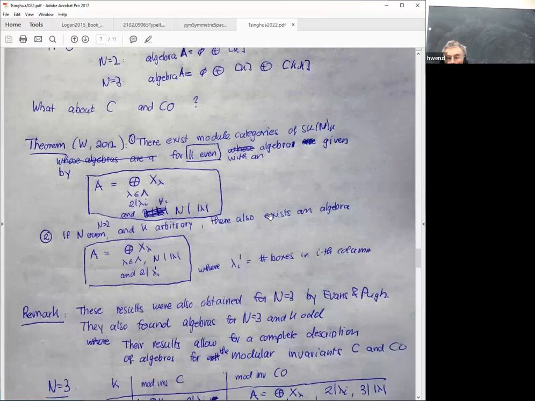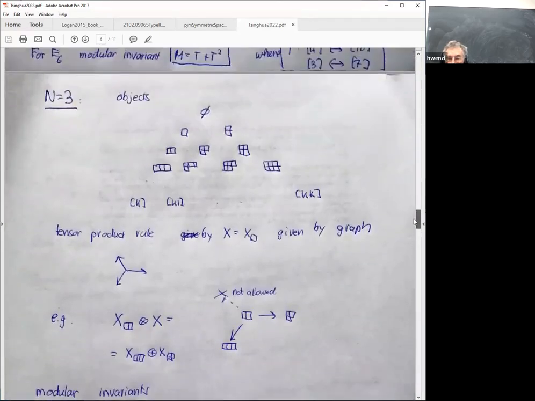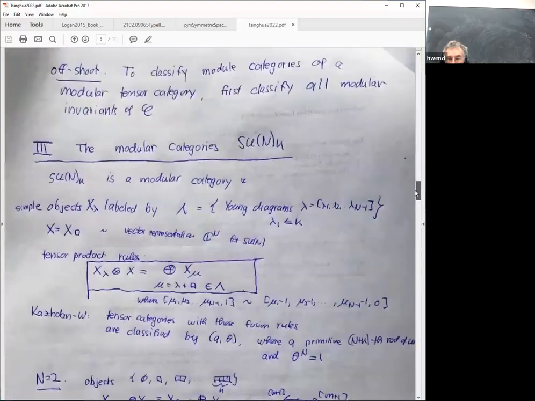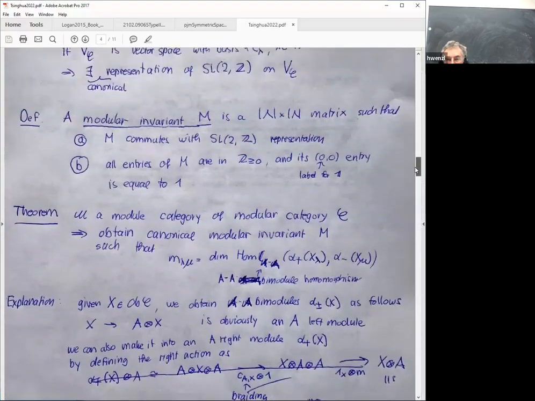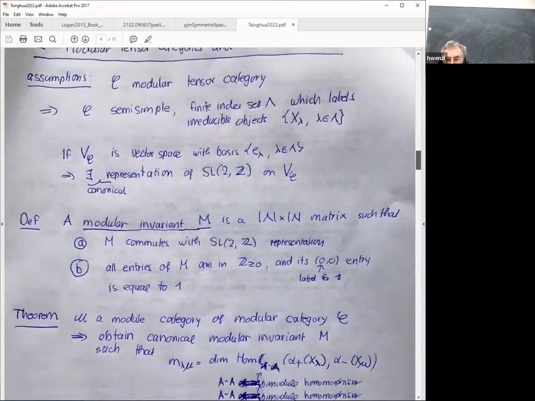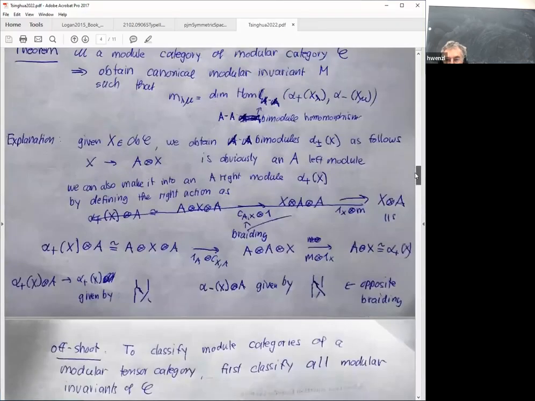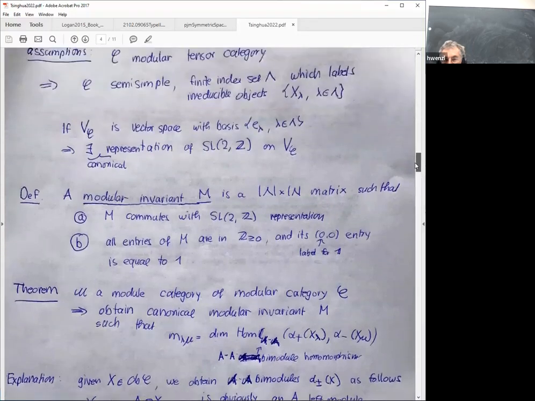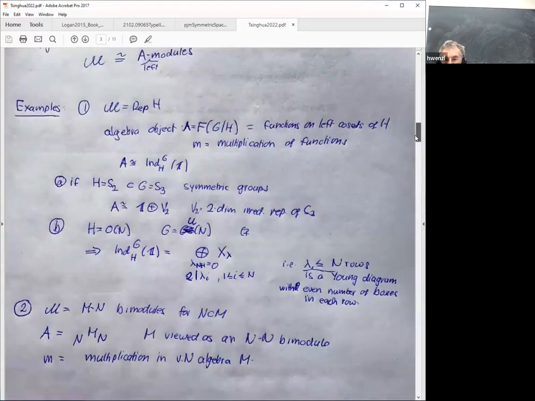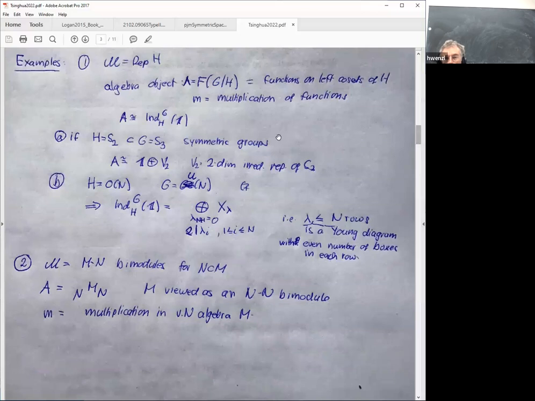Now, this looks kind of familiar to this example which I wrote at the beginning, namely that 2 has to divide the number of boxes in each row. This appeared also exactly in, let's see, where did we have it? Yeah, sorry. For the example here.